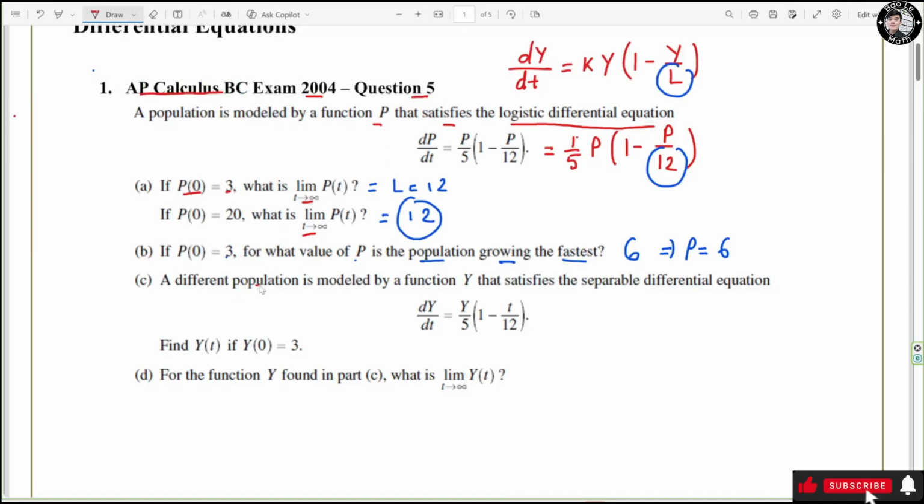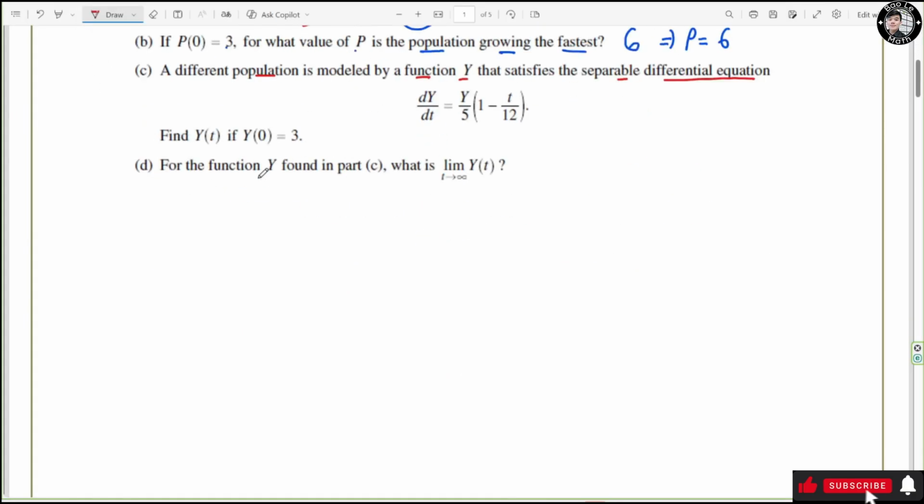A different population is modeled by a function y that satisfies the separable differential equation dy over dt equals y over 5 times 1 minus t over 12. Find y of t if y of 0 equals 3.